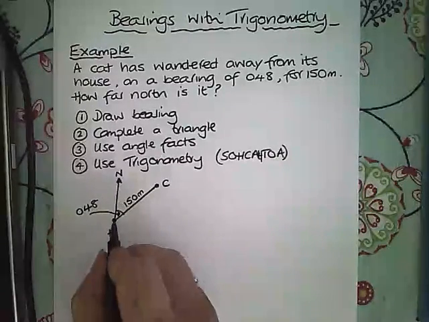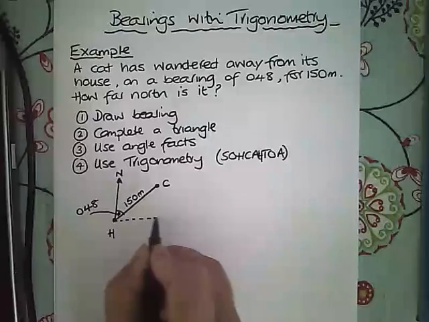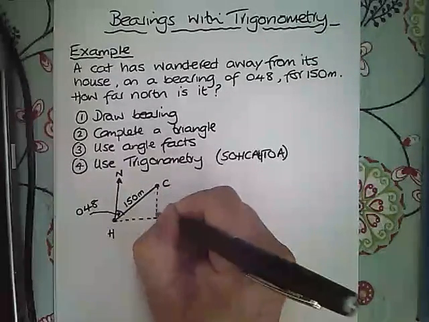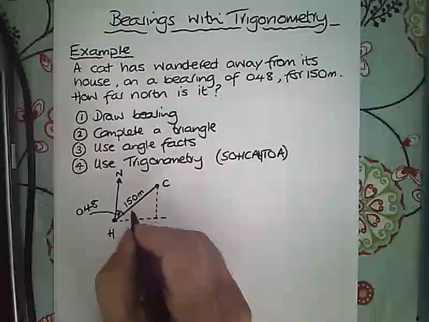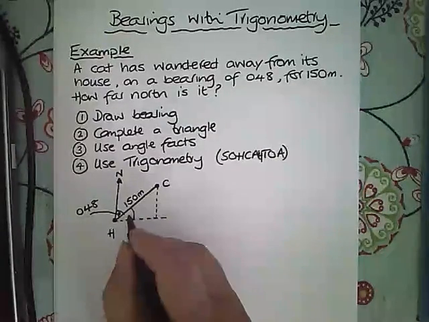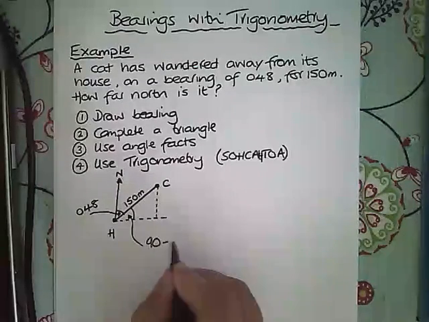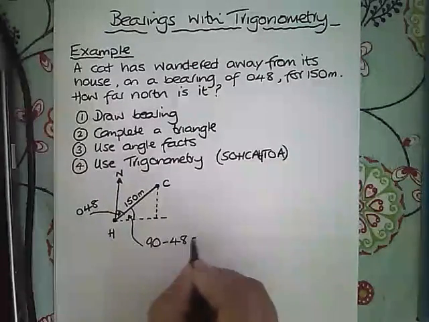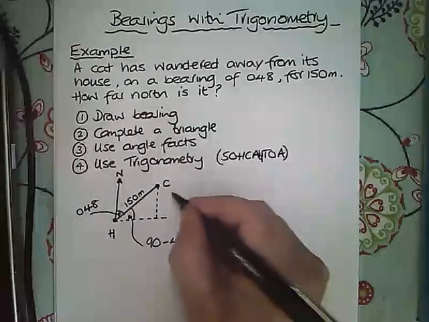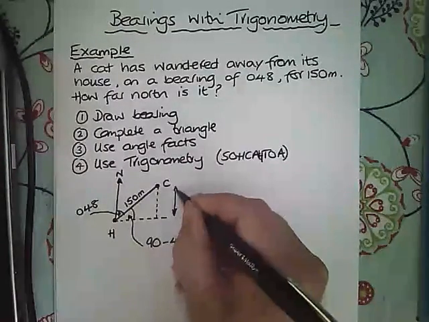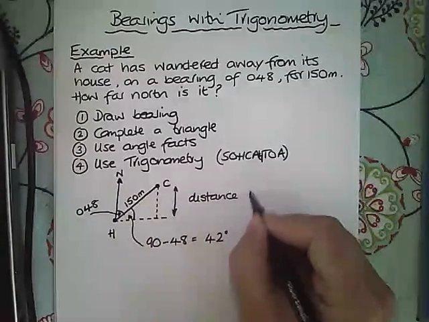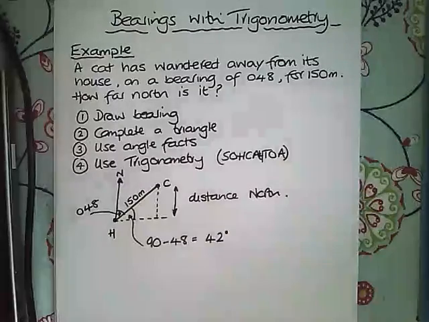That means that if we are to make a triangle here, so this is east, and we drop a line down here, then this angle here is going to be 90 take away 48, which is 42 degrees. And it's this distance here we want to find out, which is the distance north from the start point.